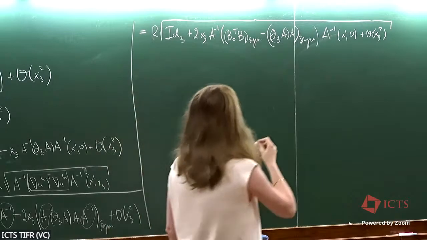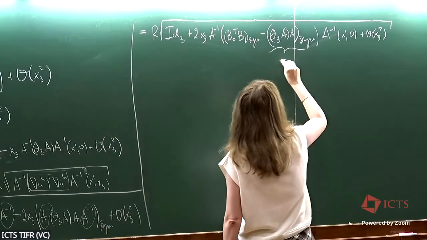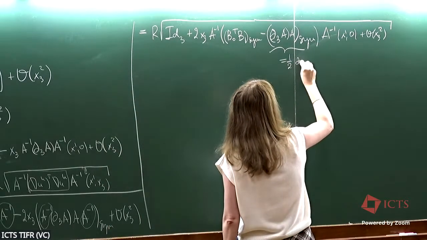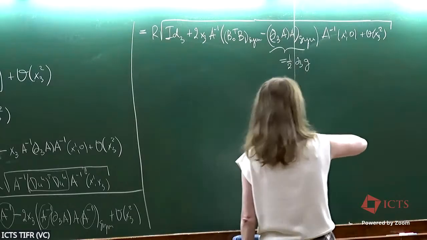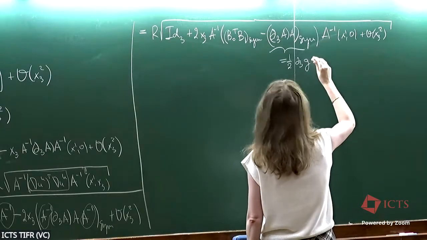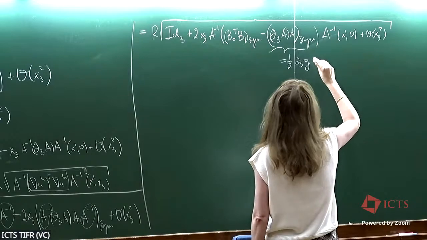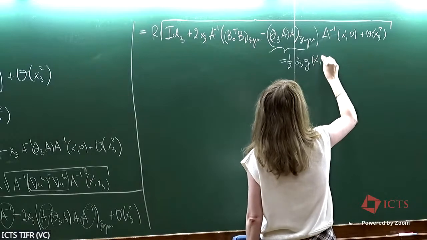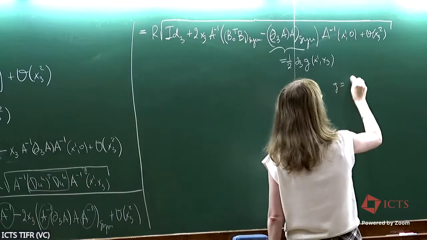So this looks very good. Now observe that that is exactly 1/2 D3G at x prime, x3, right? Because G, you remember, is A squared.